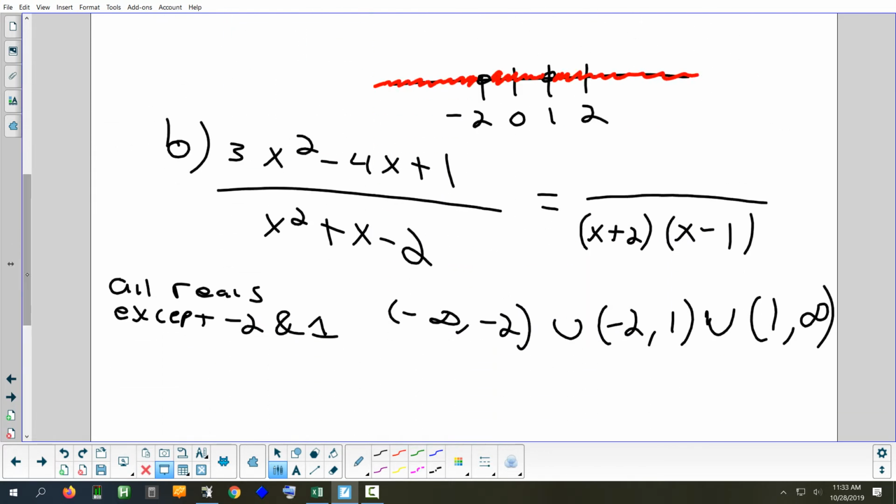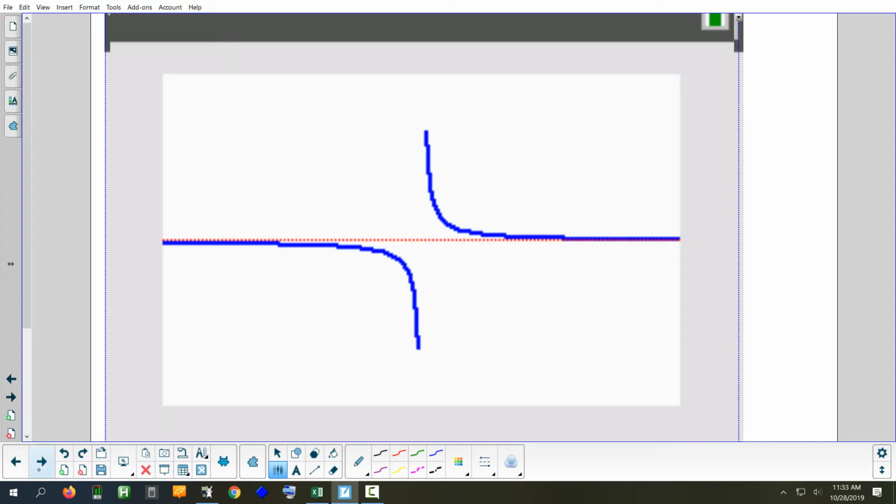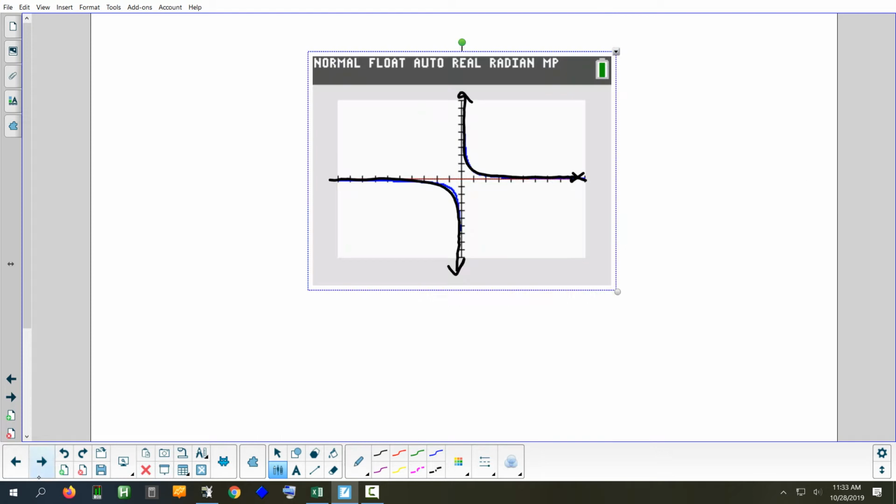The domain here was all real numbers except -2 and 1. Guess what the vertical asymptotes are? -2 and 1. So the domain is basically giving you the vertical asymptotes. The vertical asymptotes are all the numbers that are not in the domain. Okay, so let's write that down.